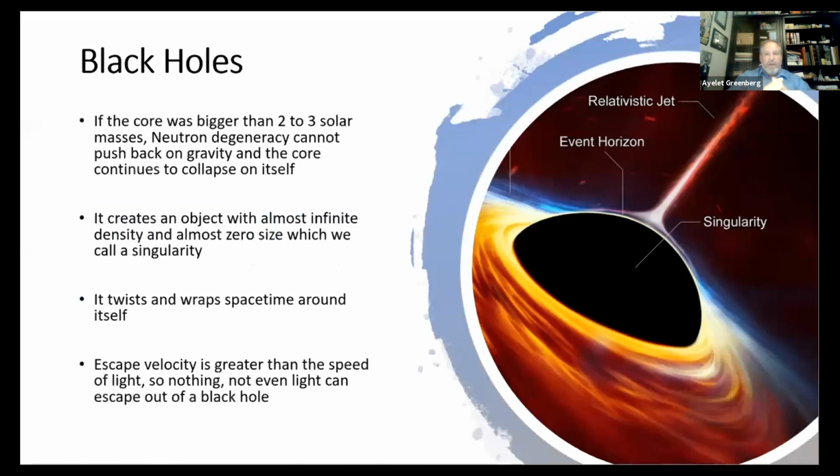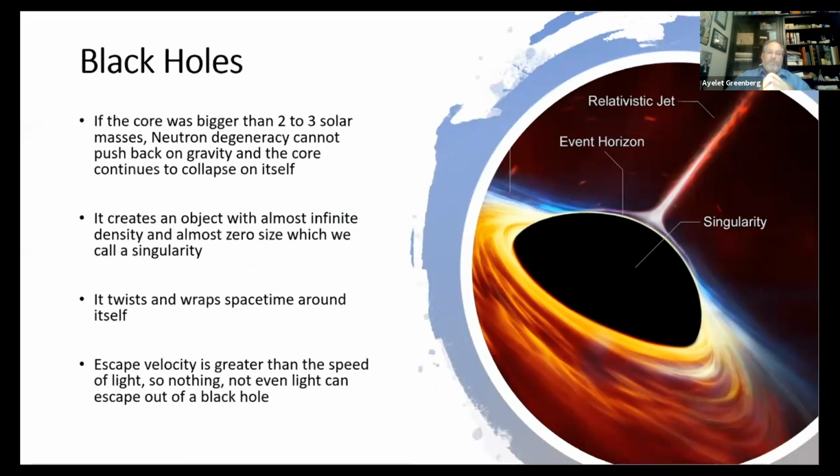Now, a couple of words about black holes. As I said, if the core is more than 2 or 3 solar masses, neutron degeneracy can no longer hold against gravity. So even the neutrons are not dense enough and creating enough pressure to fight off gravity at this point. And this is the ultimate win of gravity. It's going to collapse even further, collapse on itself.